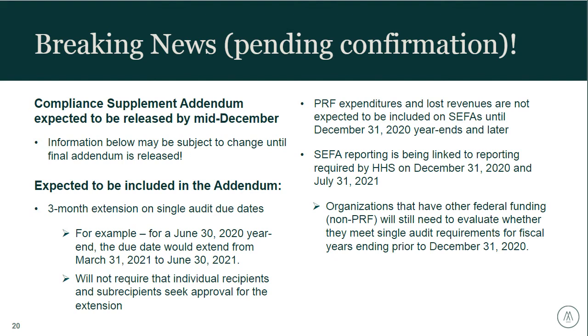We're expecting to see in the addendum that the audit requirement for these funds is going to be triggered based on the December 31, 2020 calendar year reporting that's being required.